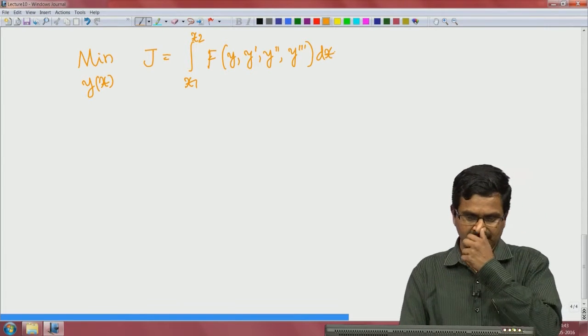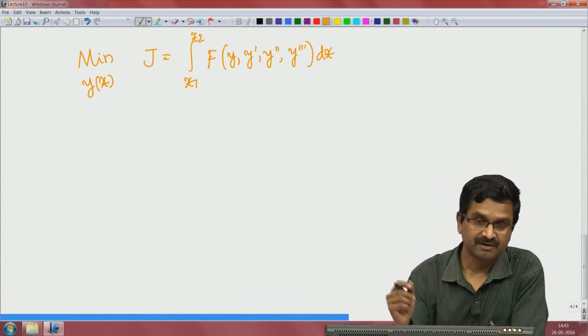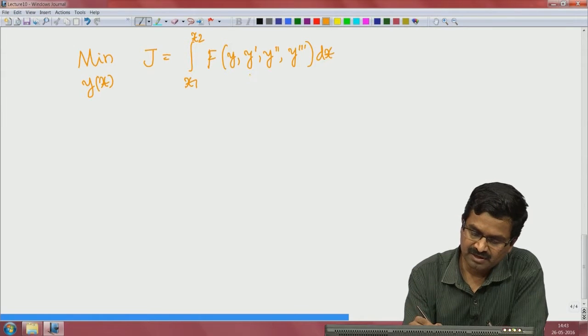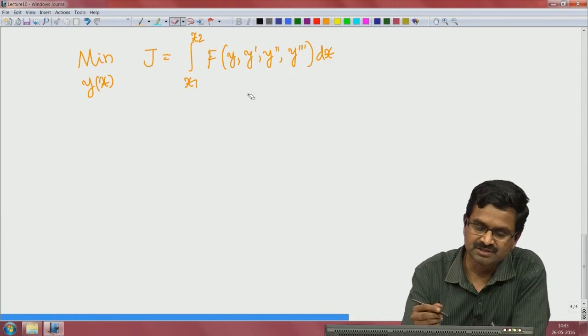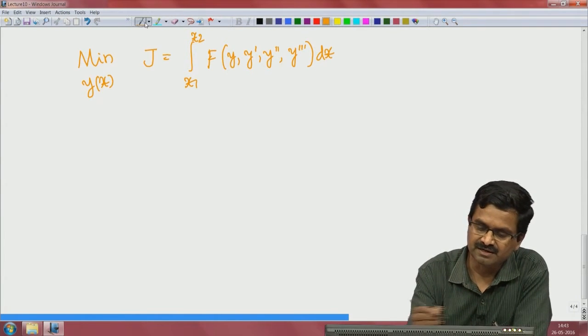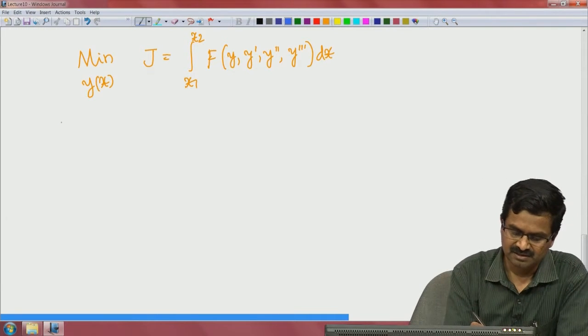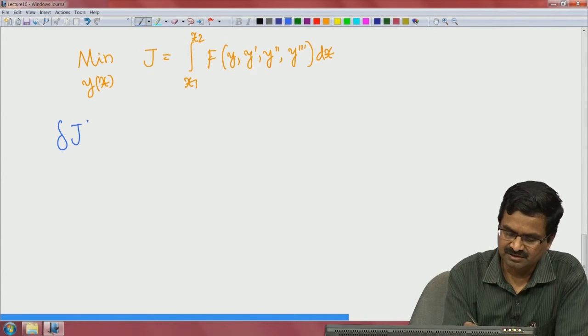Okay. Again, if you recall how we did Lagrange equations, let us first do this necessary condition, that is the Gateaux variation in y and h.